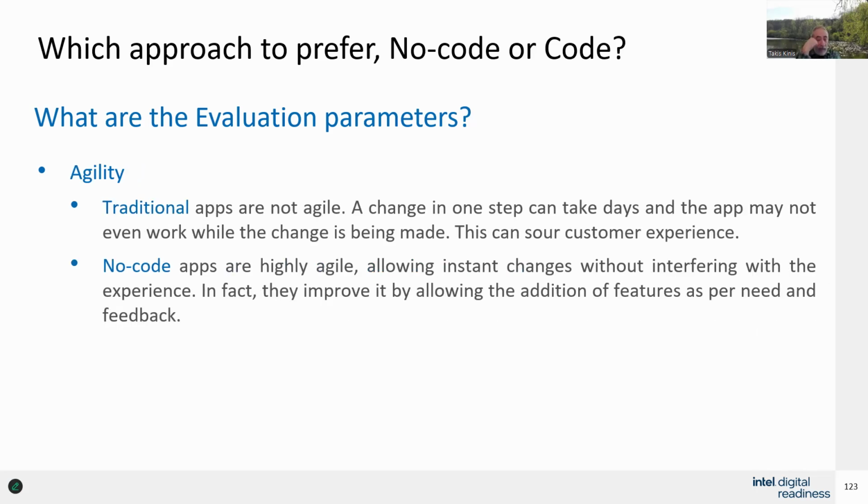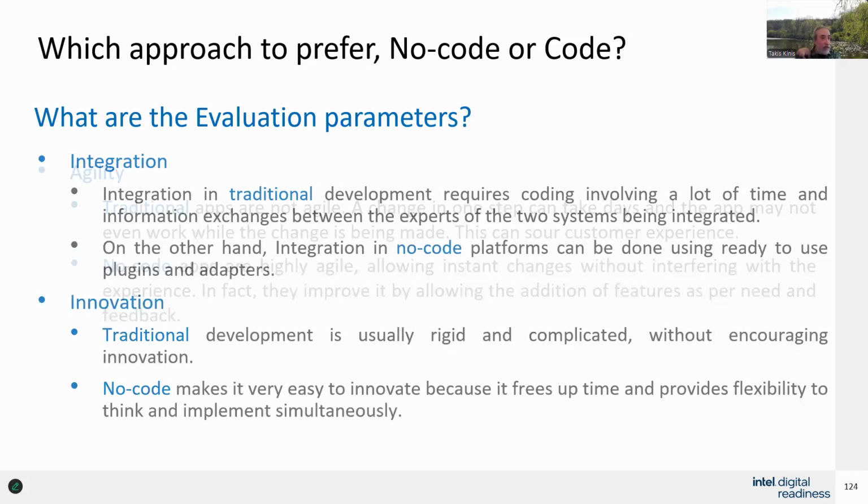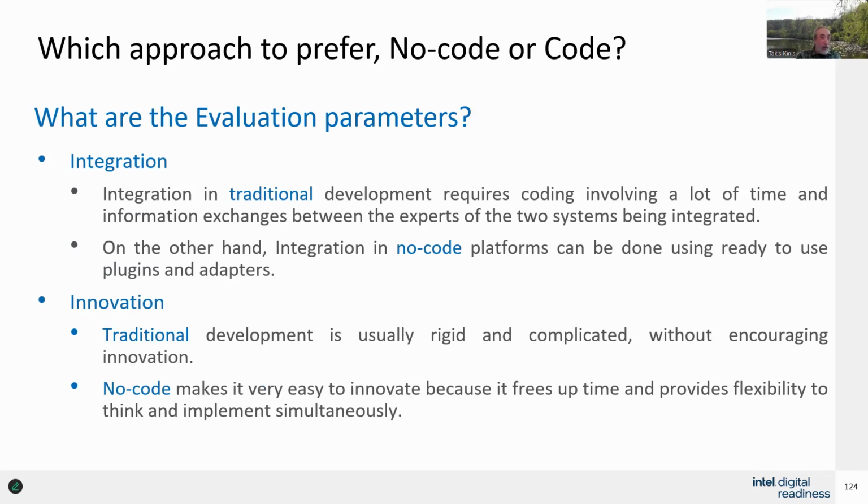Another thing is agility. It says traditional apps are not agile. I might argue with that a little bit. I think some of them are. But no code is certainly highly agile, meaning you can quickly change how you're doing it. I think that if you're looking to integrate, you have to look at that aspect. So if you're trying to integrate your regular coding with regular systems, traditional coding might be better than no code.